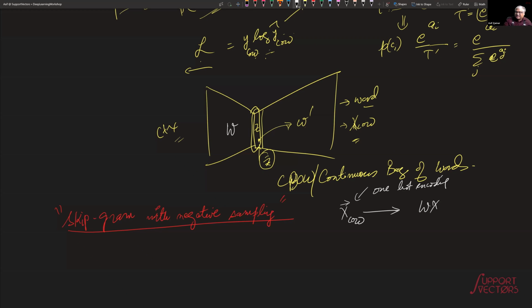There's a transpose sitting in there, but ignore it. You get Z. And what is the dimensionality of Z? It depends on the bottleneck, how many dimensions you pinched it down to.